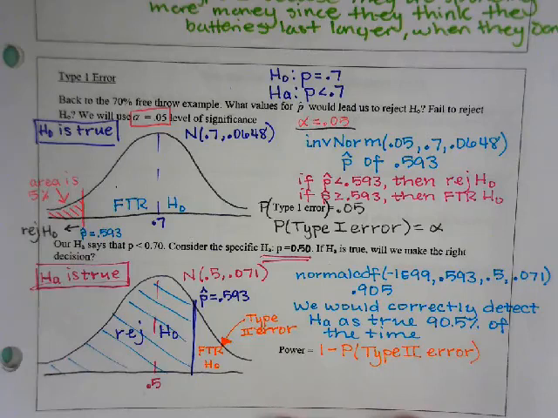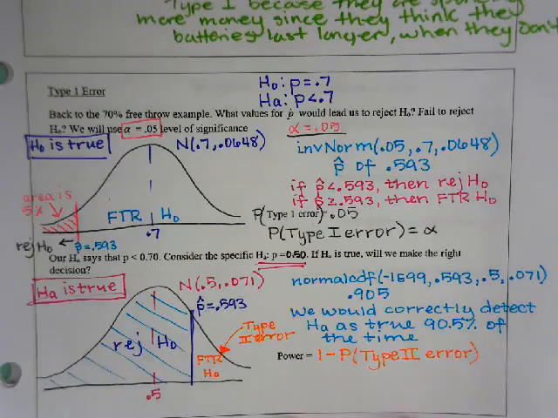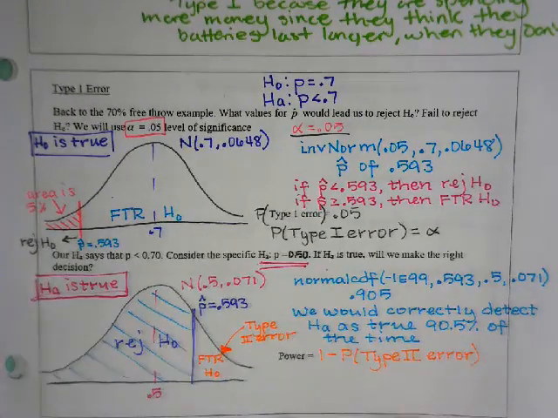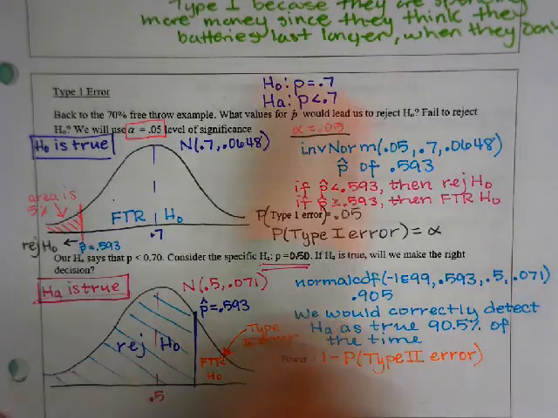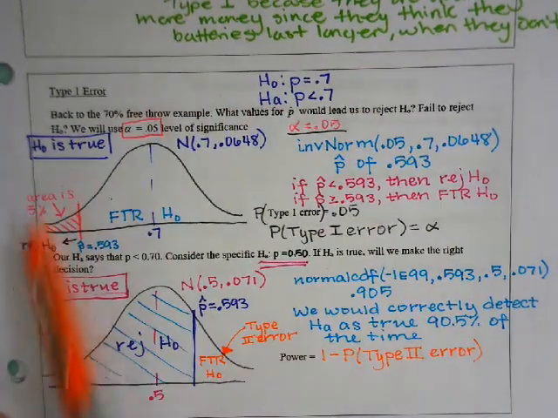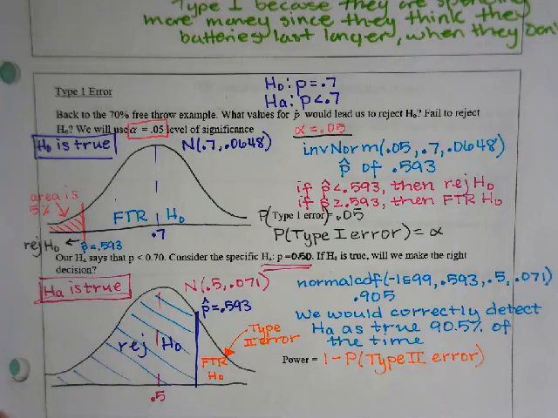Speaking of that, this box here, you can bet those are going to be 2 of the short answer questions on your test for this chapter. I'll give you a null and an alternative. I'll ask you to find the probability of a type 1 error and draw a picture showing why.